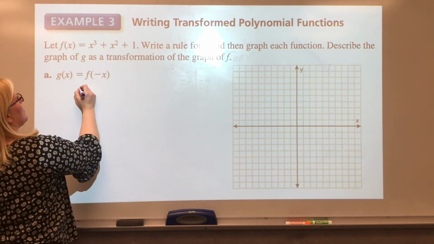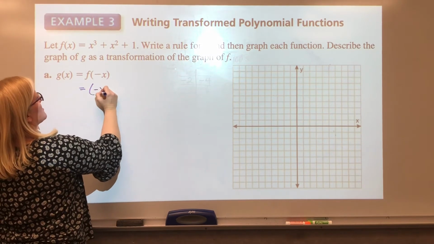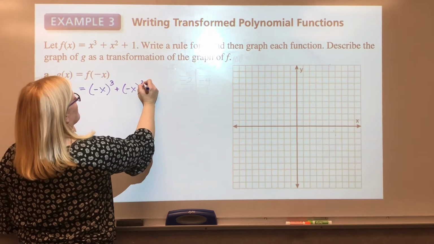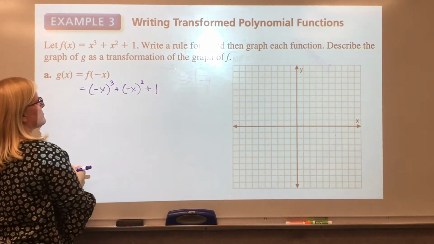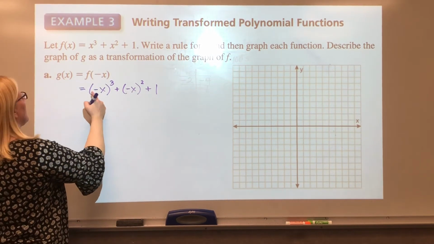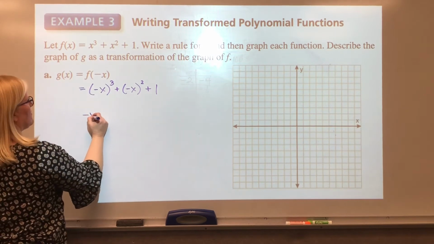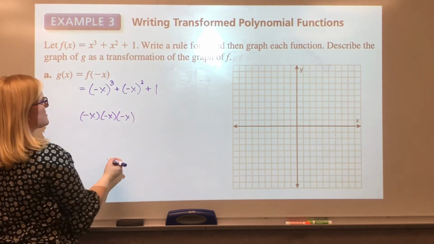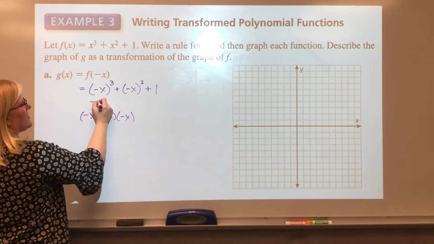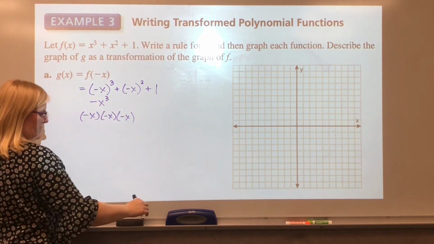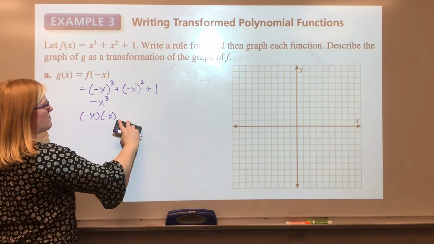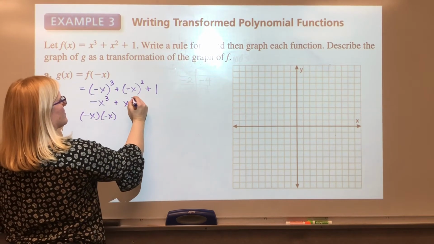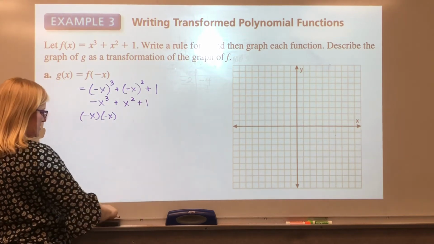So I'm going to plug in -x for every x value. All right, well, -x times -x times -x is -x to the third. Now, if I just have two of them, I'm going to have a positive, and then +1.